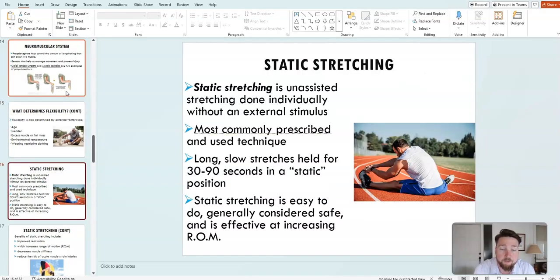Okay. And static stretching. Static stretching, you want to perform after the workout. So if I've done a shoulder workout, okay, I've performed 8 exercises, performed those exercises 3 sets of 10.